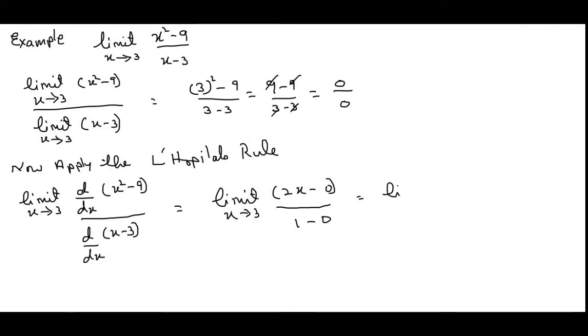Therefore limit x approaches to 3, 2x. So putting the limit x approaches to 3, we get 2 times 3, which is 6.